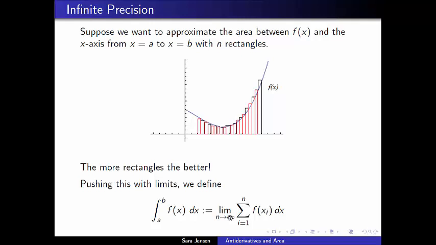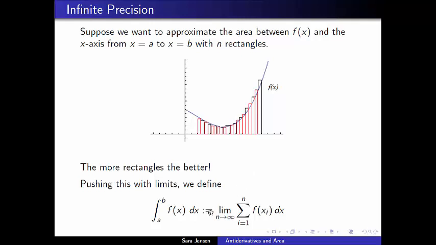And as we do, this value, including the limit, is going to eventually converge to the exact value of the area between the curve f of x and the x-axis as x goes from a to b. And it's this limit value that we're particularly interested in.